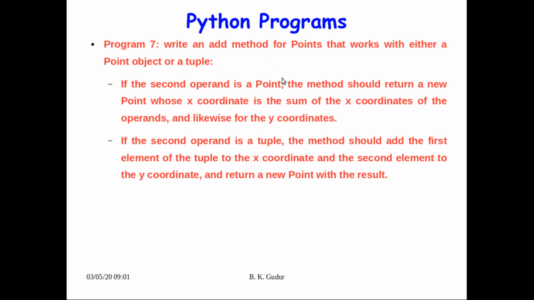In the previous program we discussed an add method which was adding 2 Point objects, whereas here we are supposed to write an add method which will add either 2 Point objects, or a Point object and some number of seconds, which is nothing but an increment method.